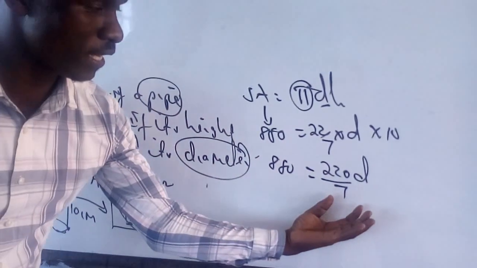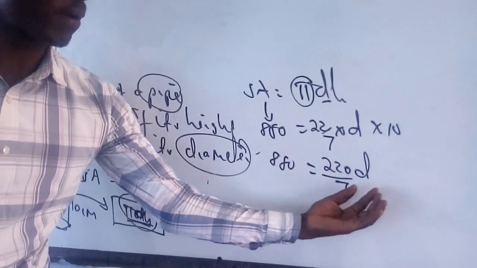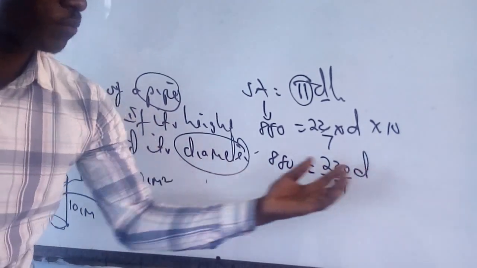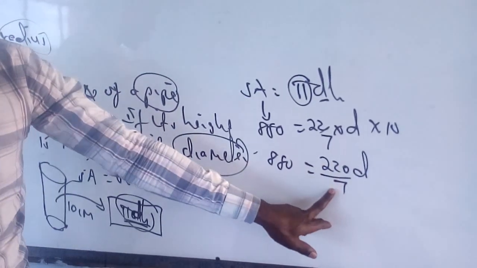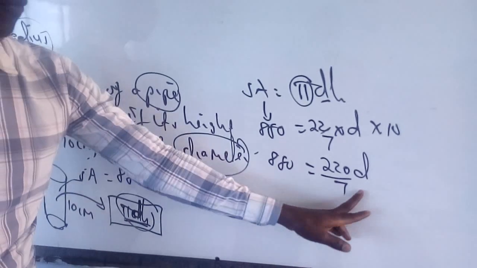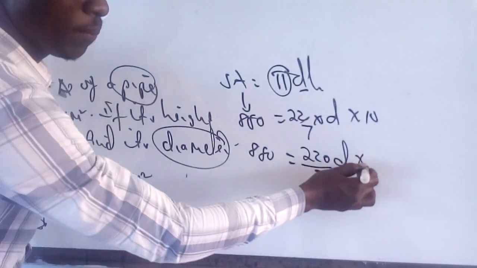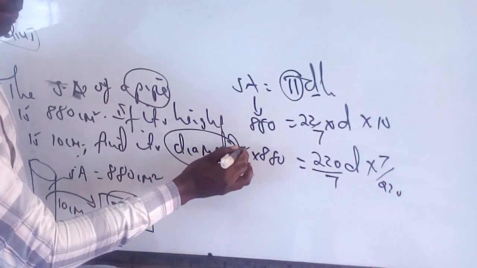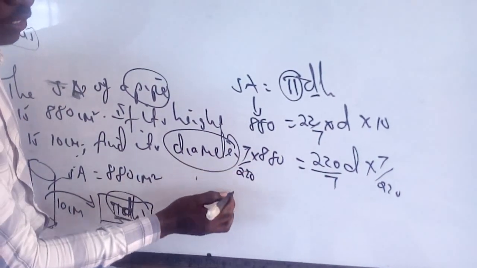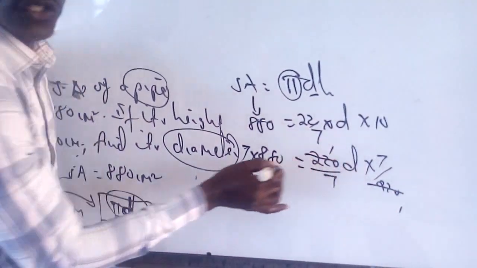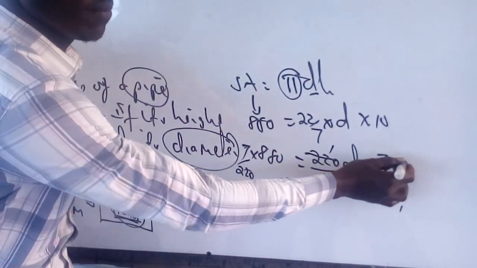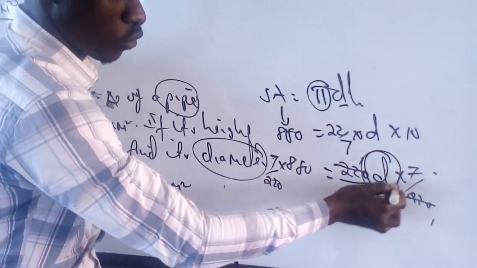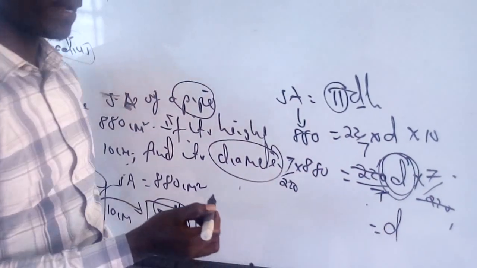Now, what we are left with here is, we multiply both sides by the reciprocal to remove 220/7 from this end. So here we multiply by 7/220. Here we multiply by 7/220. 220 simplifies 220. 7 simplifies 7. Here we are left only with the d, which is our diameter.